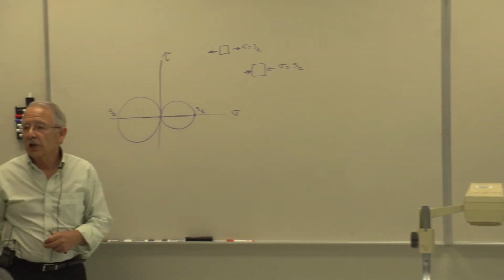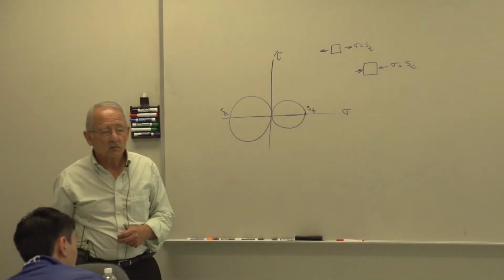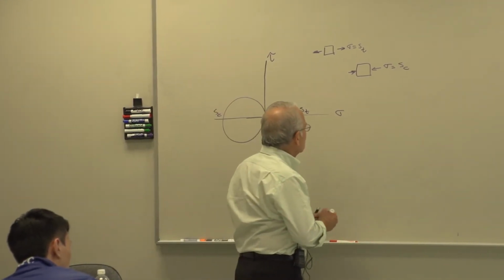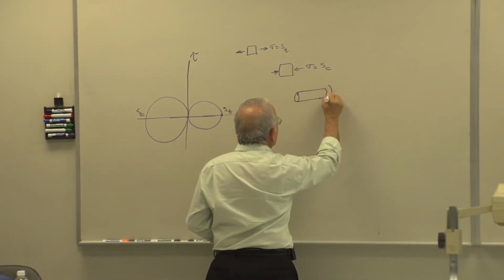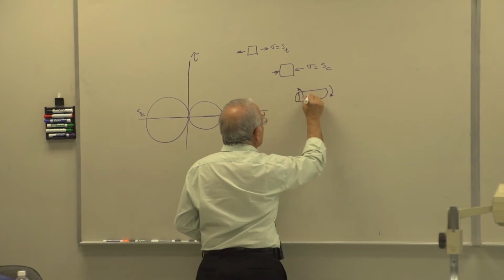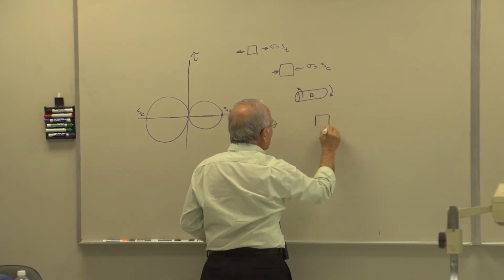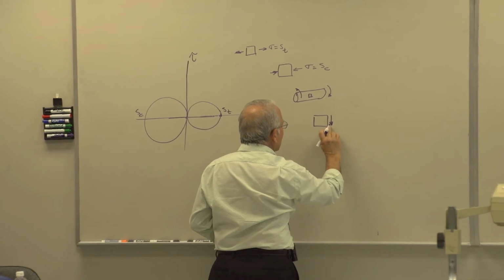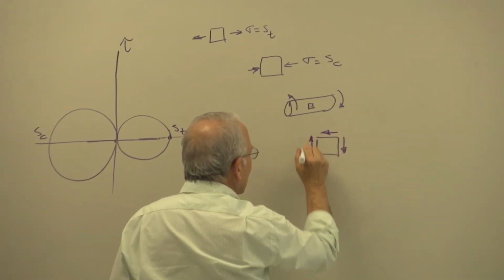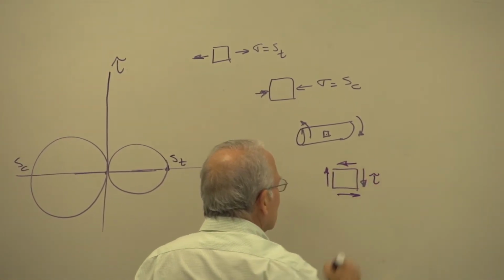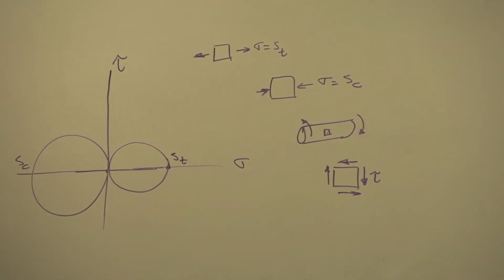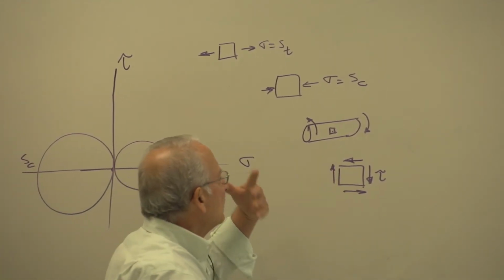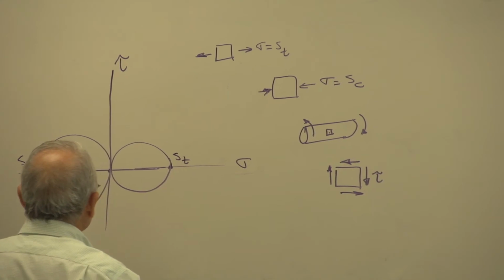Then you run a shear test, a pure shear test. Torsion. So if you have an element there, the stresses look like that. We say that failure occurs here when it reaches the shear strength of the material.